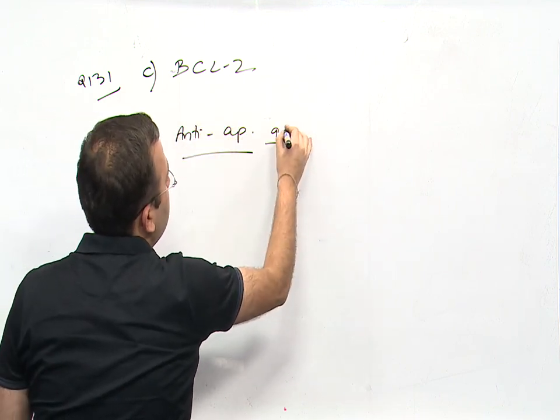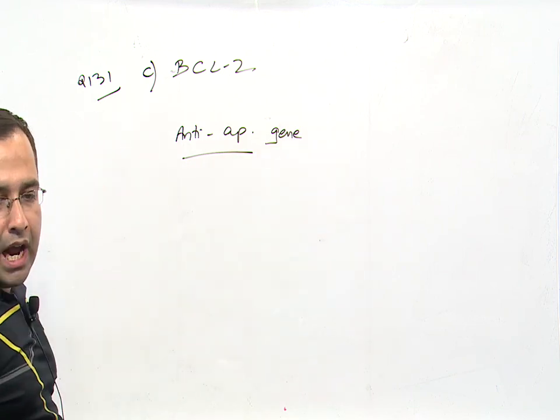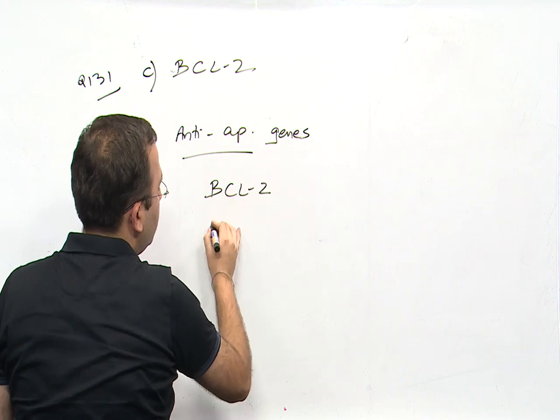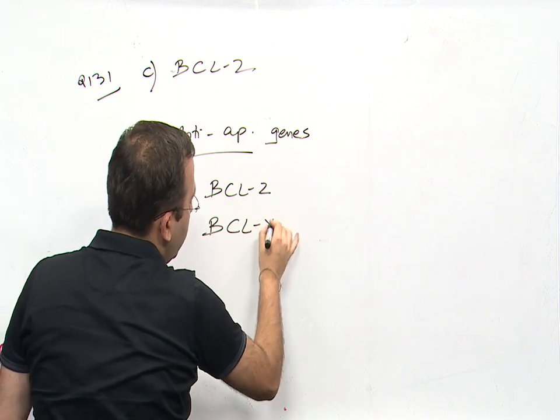The other anti-apoptotic genes are BCl2, this you already know, and BClXL.